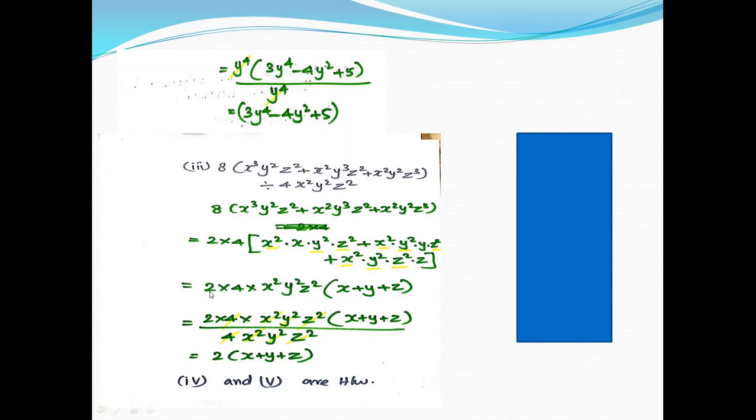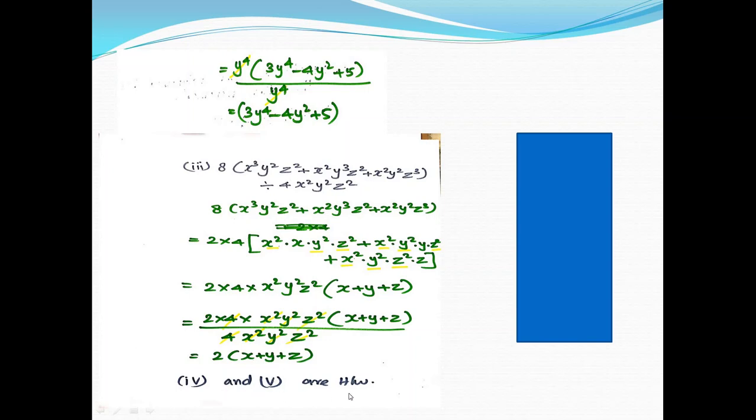We can rewrite it as 2 multiplied by 4 multiplied by x square y square z square. Inside the bracket write the non-common factors x plus y plus z, divided by 4x square y square z square. So strike off this 4 and strike off x square y square z square from the numerator and denominator. The solution will be 2 multiplied by x plus y plus z.